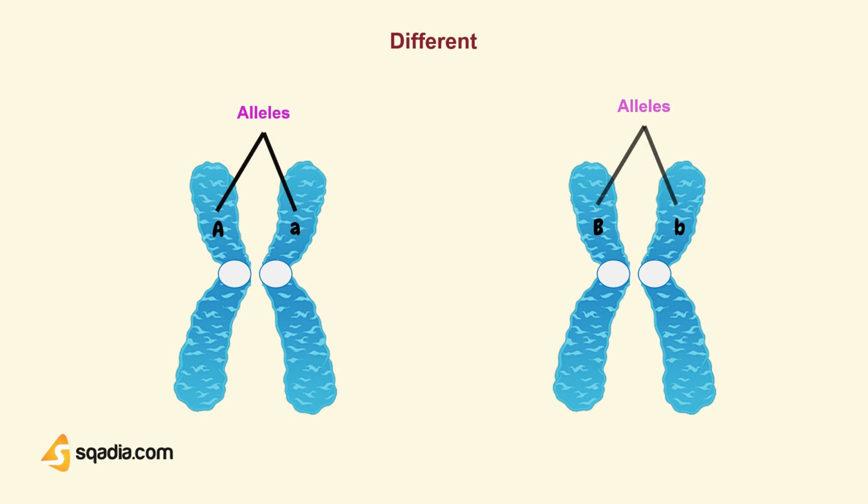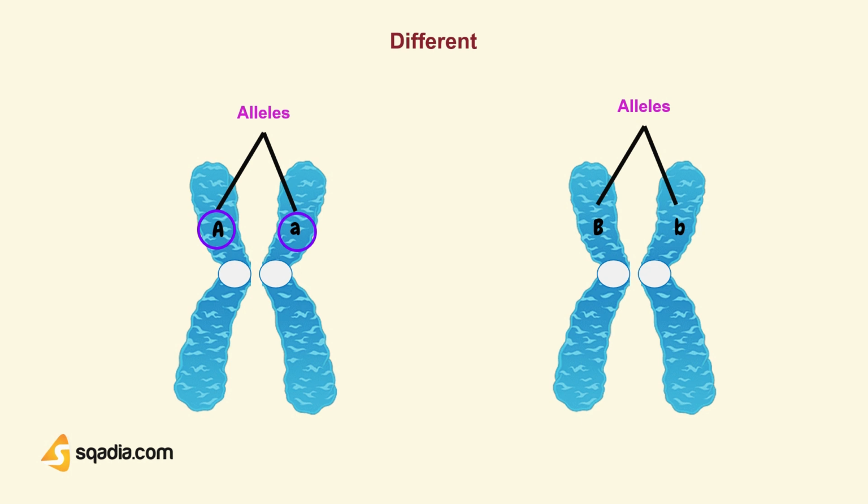If an individual has capital A and small a gene pair, capital A and small a are the alleles of one another. In this individual, the allele with capital A is located on one of the two homologous chromosomes, and the allele with small a is on the other chromosome.